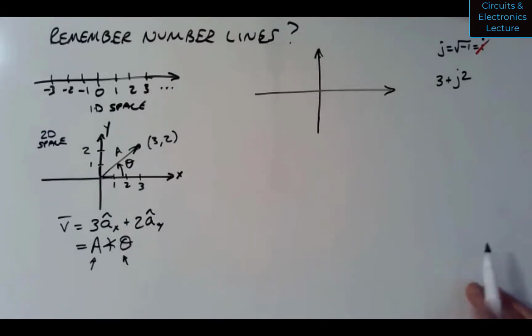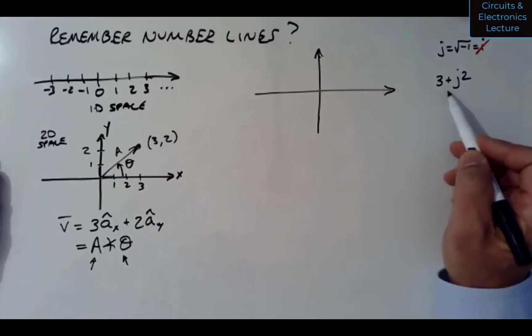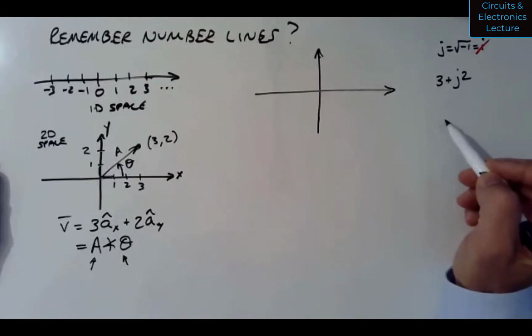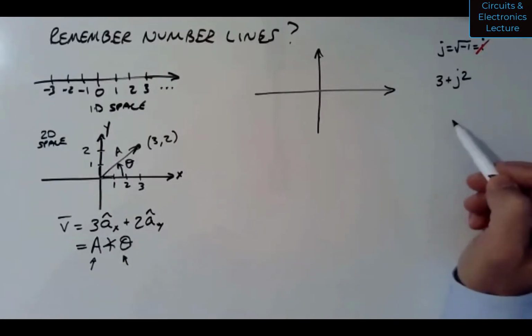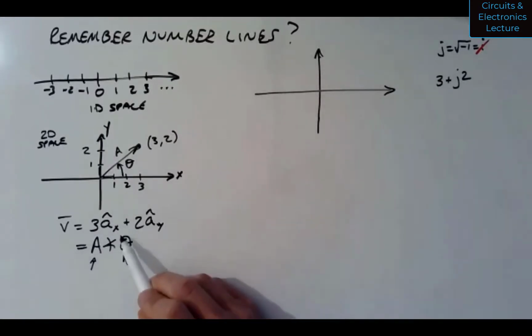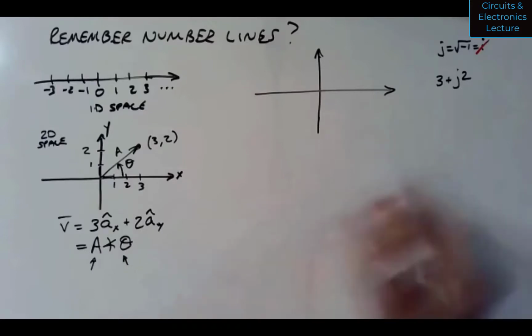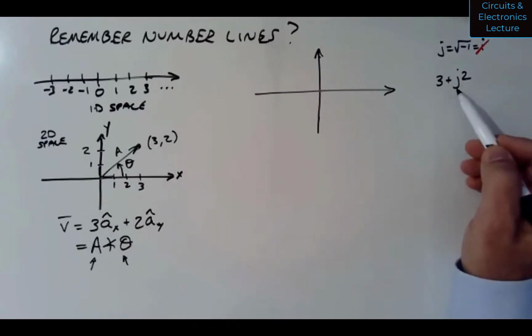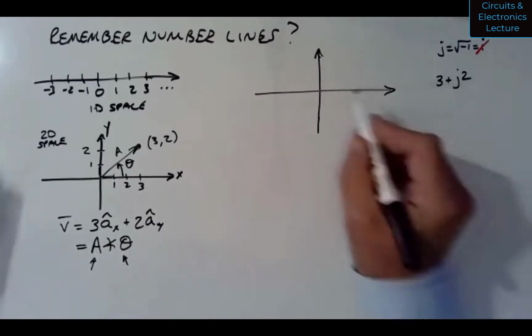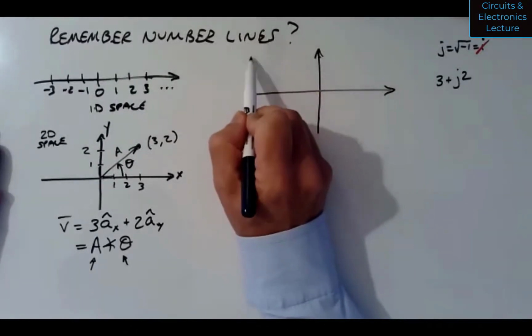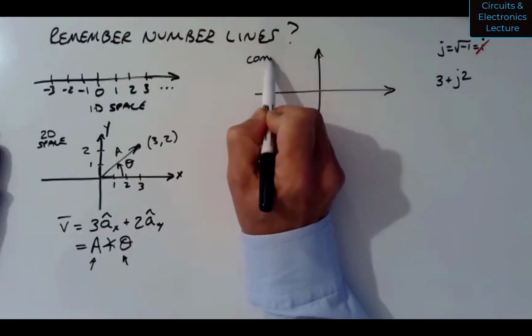It just separates, just like we have a coefficient times AY, this is a coefficient 2 times J. Okay, remember the rules of complex numbers. When you add complex numbers together, you add the reals, you add the imaginaries, you don't mix them together. Just like in two-dimensional space, you add the x's, you add the y's, you don't mix them together. Complex numbers do that for us, okay? I can also plot complex numbers on the complex plane.